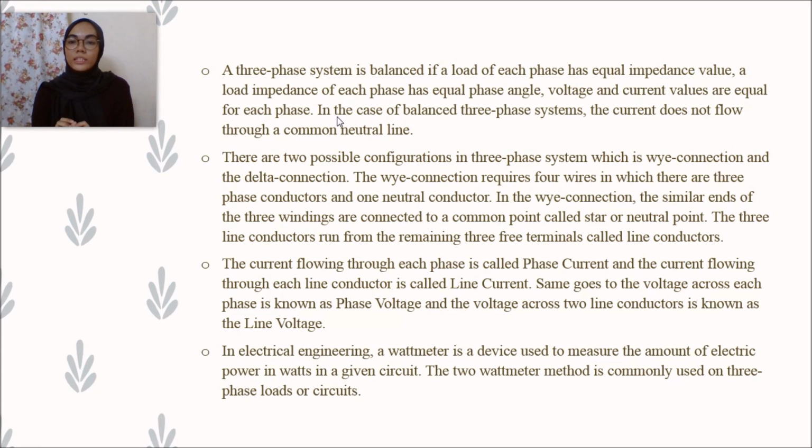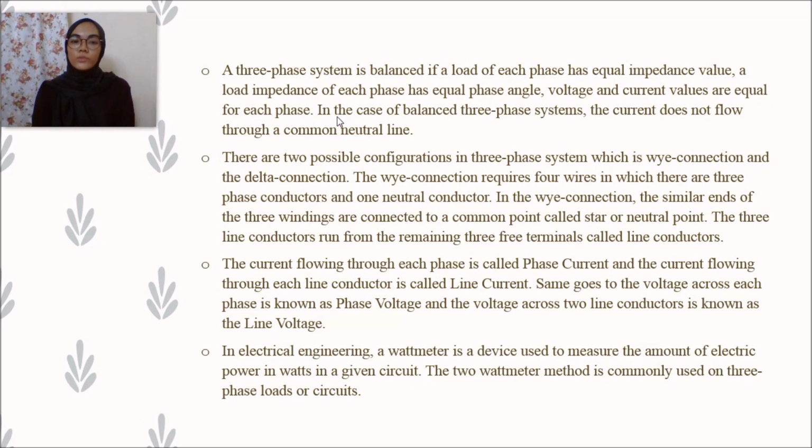In wye connection, the similar ends of the three windings are connected to a common point called the star or neutral point. The three line conductors run from the remaining three free terminals, called line conductors.